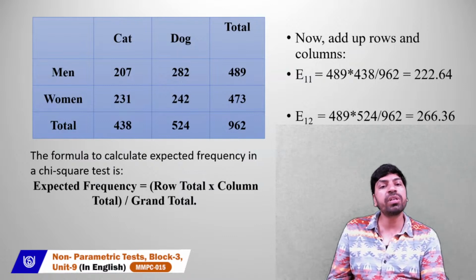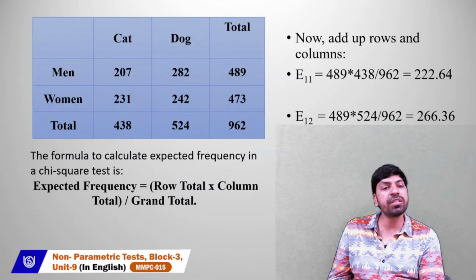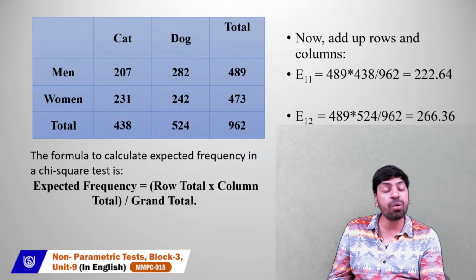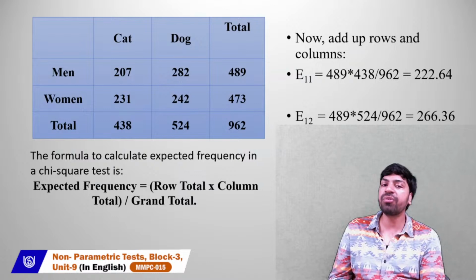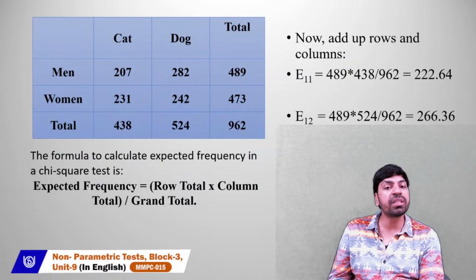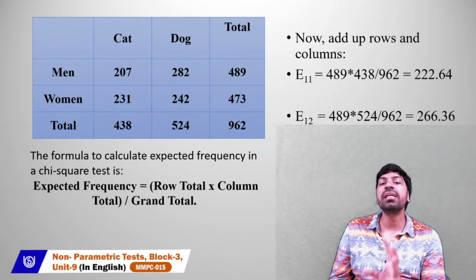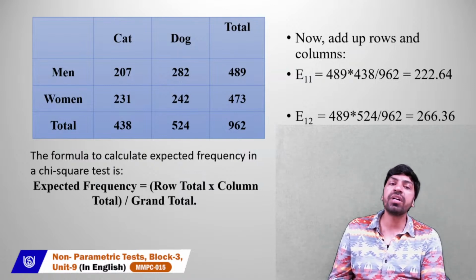Now we need to calculate the expected frequency of second row first column. The total of second row, that is women, is 473, and the column total of the first column is 438. So the expected frequency of second row first column is the row total 473 into column total 438 by grand total 962. Whatever value is estimated is the expected frequency of second row first column.